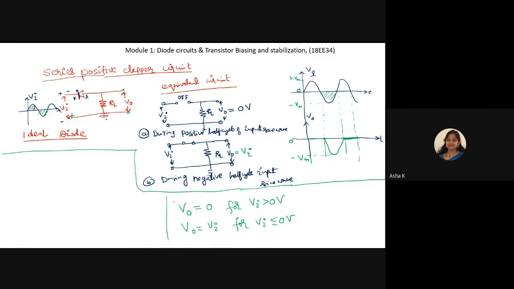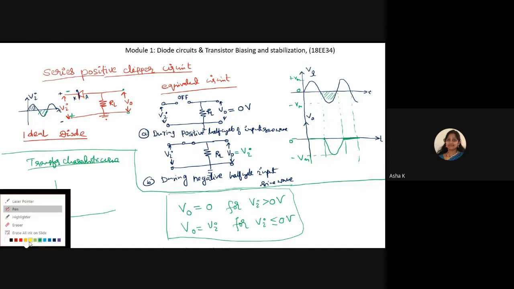This is the mathematical representation, and it also helps us to write the transfer characteristic curve. How to draw the transfer characteristics for this: I will have the V input voltage and V output voltage.